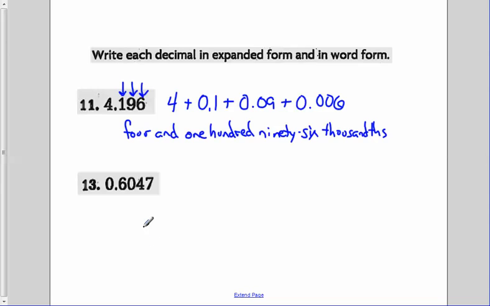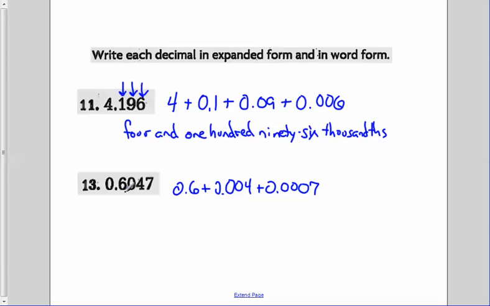Now for number 13, I do not have a whole number, so to write this in expanded form, I can start with my tenths. So I've got 0.6 plus I don't have any hundredths, so I move to my thousandths. So I've got 0.004, that's my 4 thousandths, and then my 7 is my 10,000th, so I'd have 0.0007. So I've got an expanded form. Now I need to write it in word form.